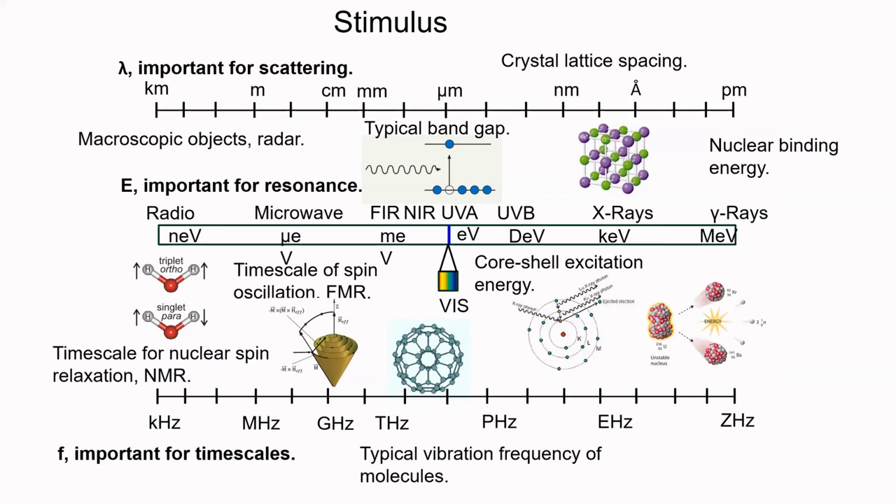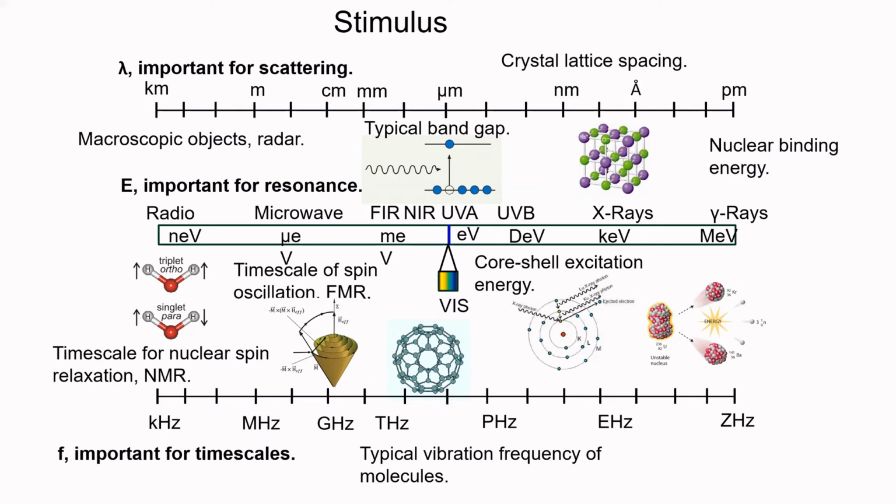Those are often in the kilo electron volt sort of range. And then as you go further up, you start getting into the gamma ray type range. Then you're obviously into nuclear binding energies.